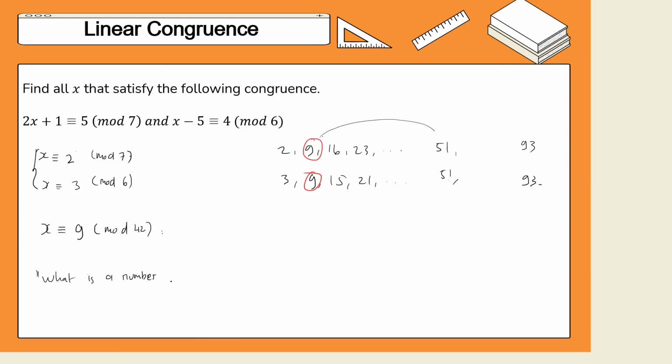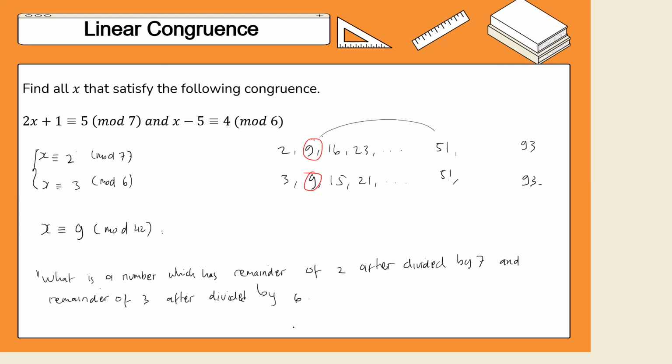which has a remainder of 2 after being divided by 7, and a remainder of 3 after being divided by 6.